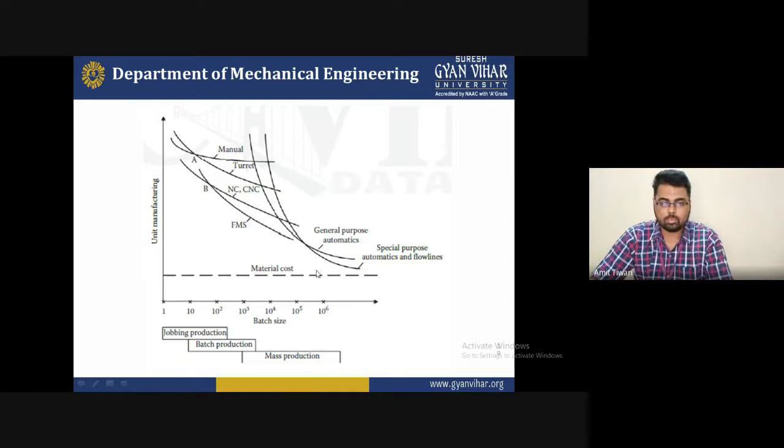Obviously the automation chart will increase, because nowadays the demand in the market is such that every hour we produce a large number of products. So we require the most efficient machine, which produces a large amount of product in very little time. For this, automation, that is, the CNC machine or non-conventional machine, is very helpful for increasing the number of products per day.